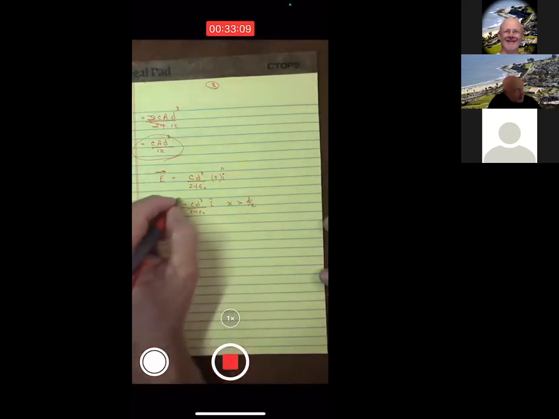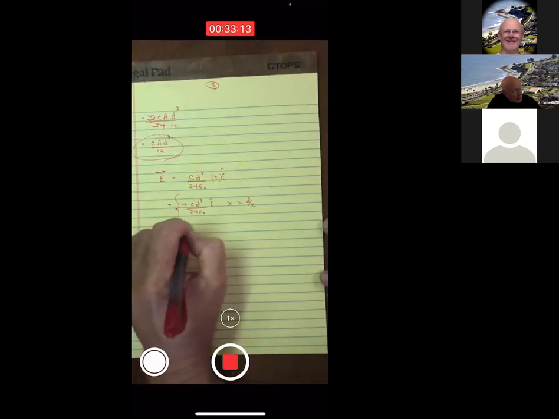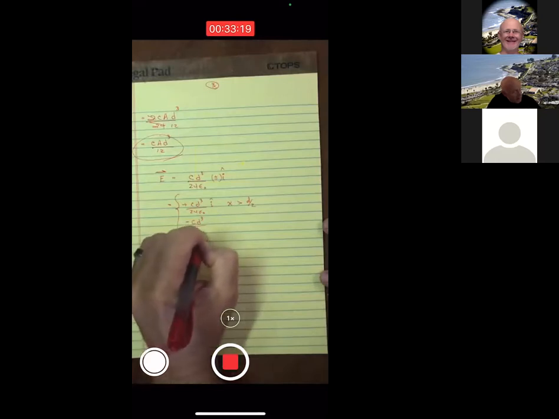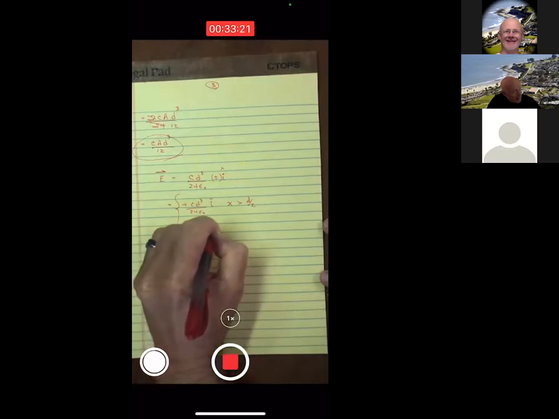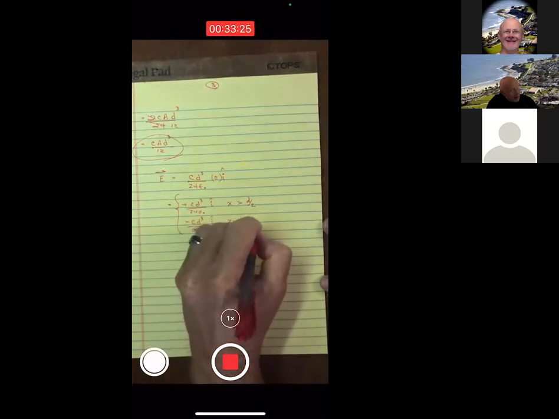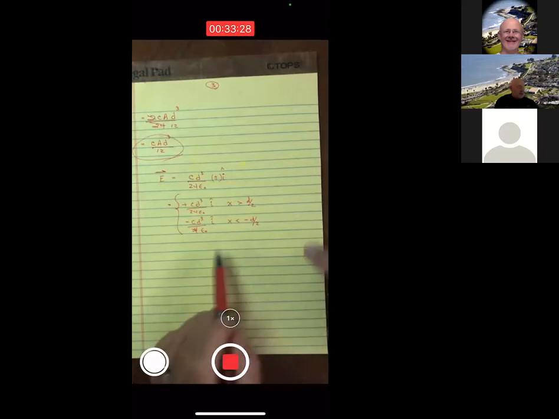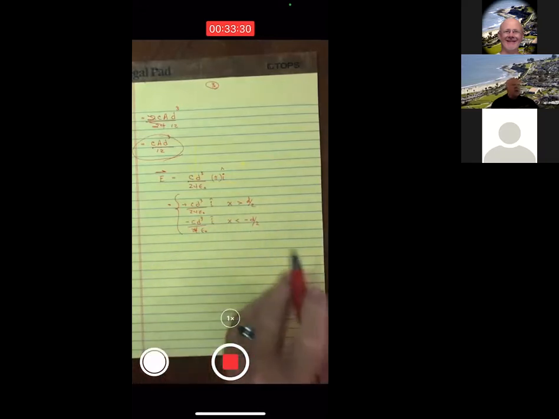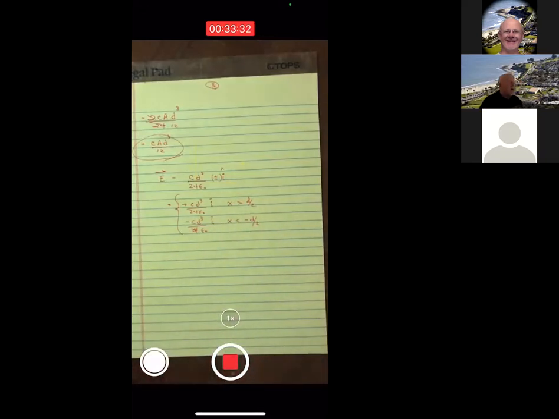And then write this piecewise, and then it would be a negative C D cubed over 24 epsilon naught i hat. So there'd be a negative direction if x was less than negative D over 2. So that's the 2 regions that the question asked for outside the slab.